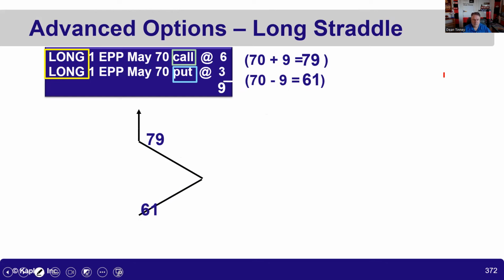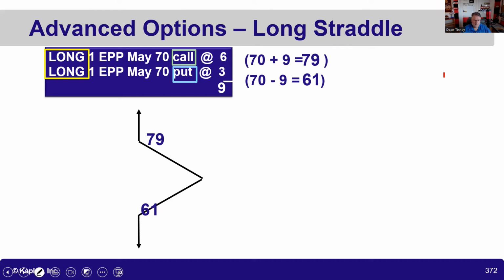Third test question, where is it profitable? We want the market price to be either above 79 or below 61, right? It has unlimited gain potential because past 79, it can go to infinity and beyond. So unlimited gain potential. And my max loss is going to be the premium.